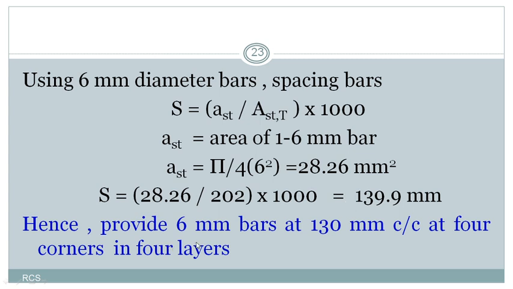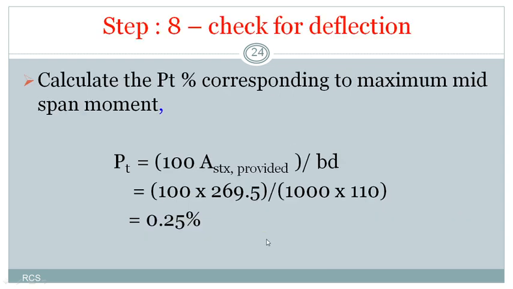So hence provide 6 mm bars at a distance of 130 mm center to center at 4 corners in 4 layers. The code says when we have 4 discontinuous edges, at the 4 corners we have to provide torsional reinforcement, with each layer having an area of reinforcement of 202 mm square, spacing of 130 mm center to center, and bar diameter of 6 mm.